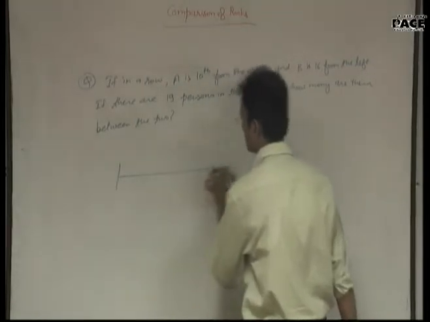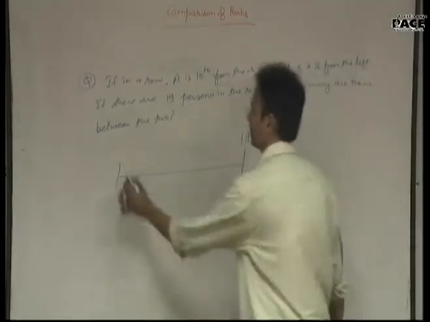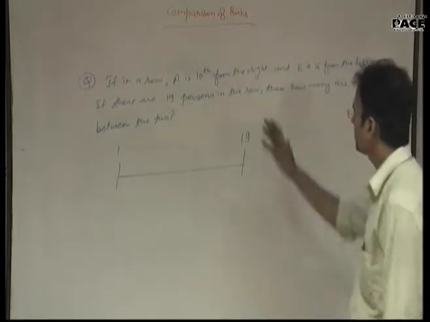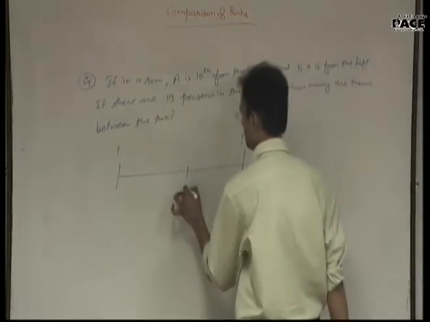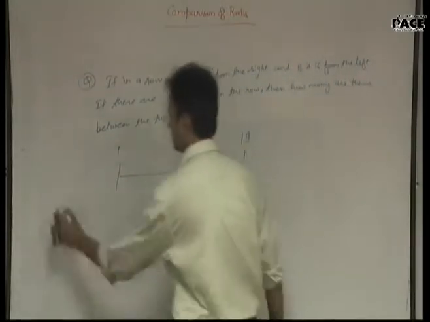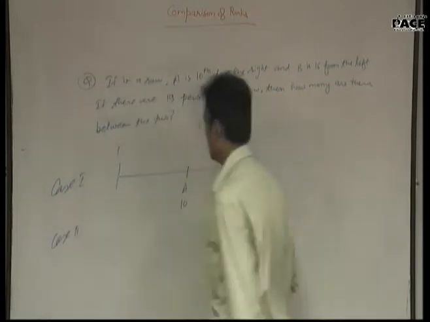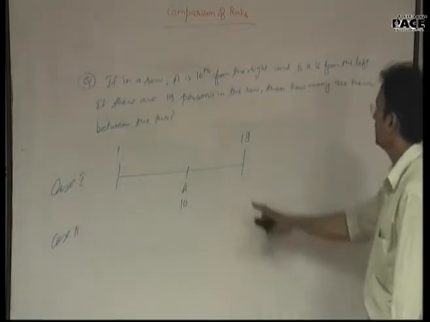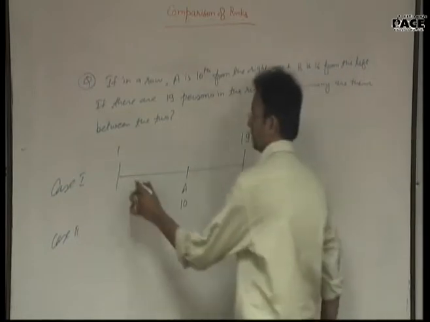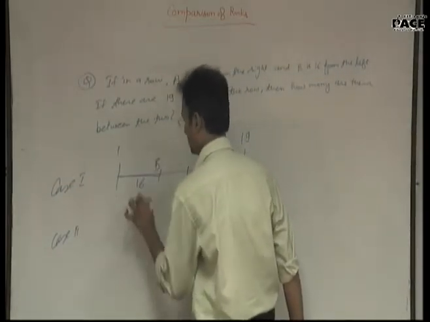Now total persons are 19. A is 10th from the right. Suppose A is here. We take two cases. One is A is 10th from the right hand side here, and B is 16th from the left hand side goes here.